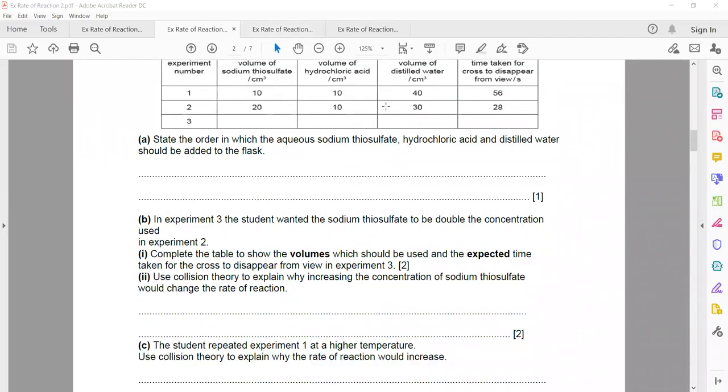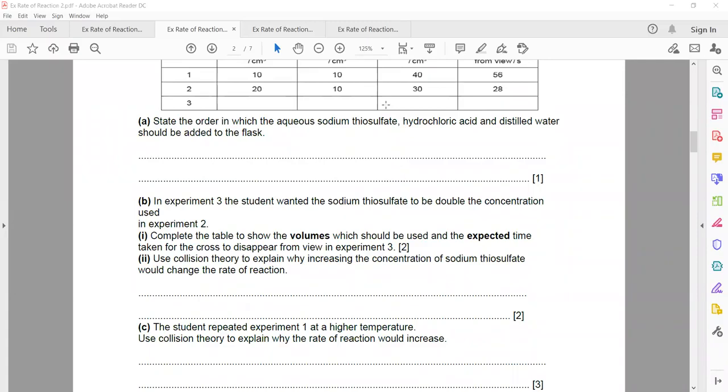Next is: use the collision theory. Explain why increasing the concentration would increase the rate.